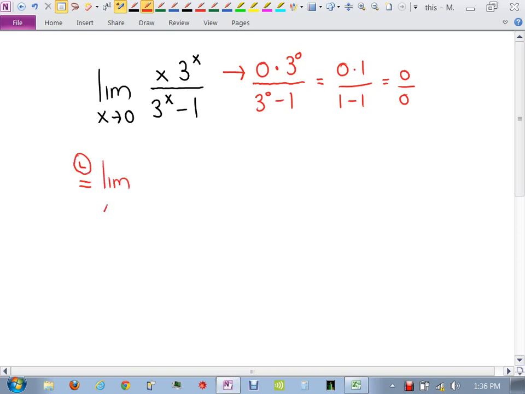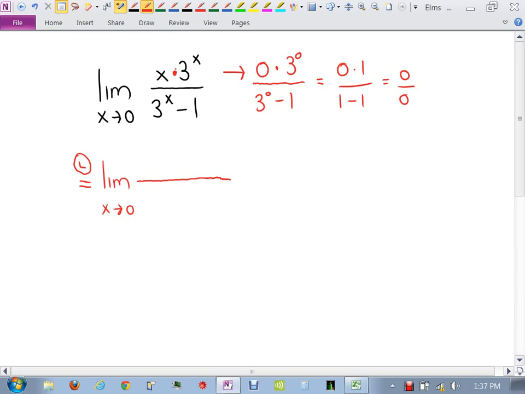L'Hopital: derivative of top and bottom separately. What are we going to have to do to take the derivative of the top? Product rule. There's a product right there, x times 3 to the x.